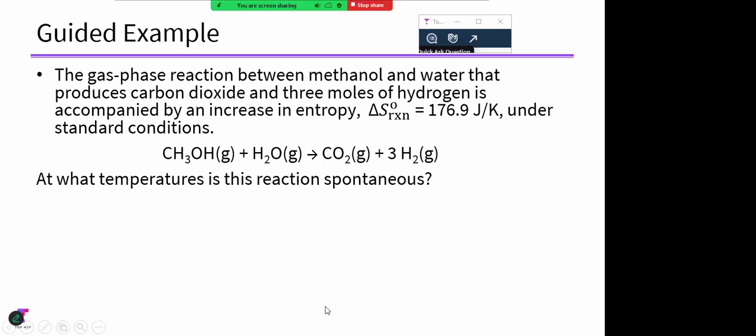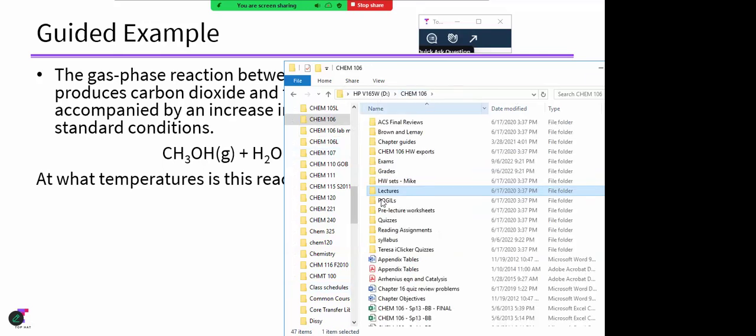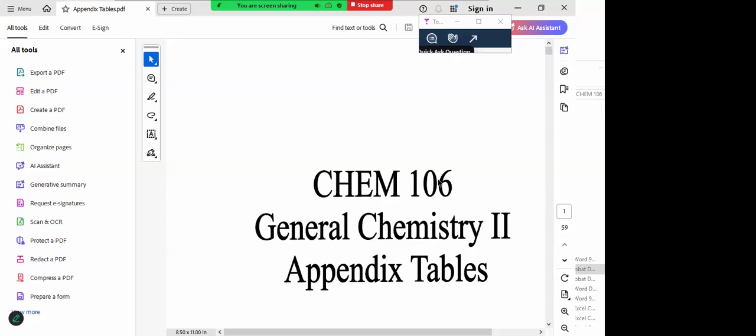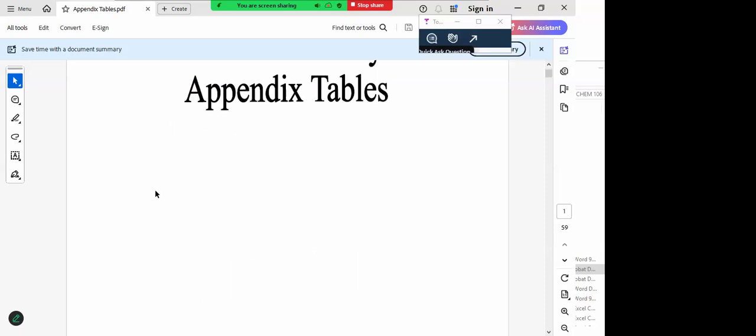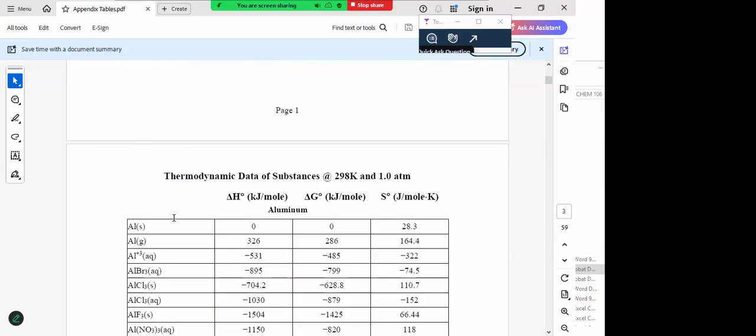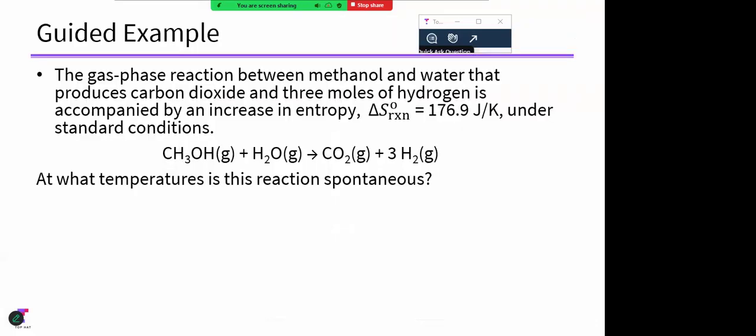So the answer to that problem would mean that we need to find the relevant data here in our appendix tables. We need heats of formation values for all of these, find delta H, and then we can move on from there.